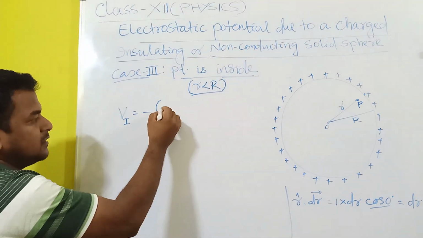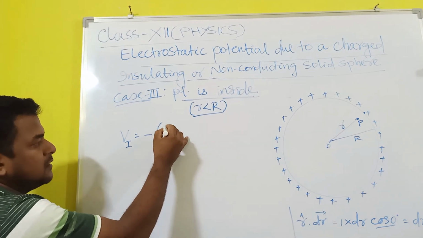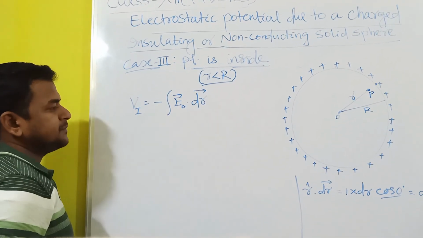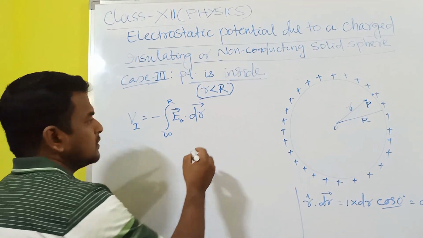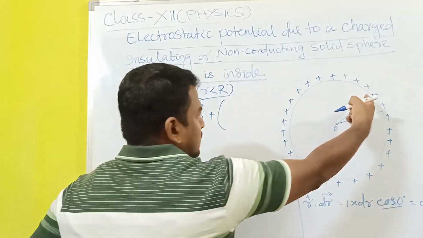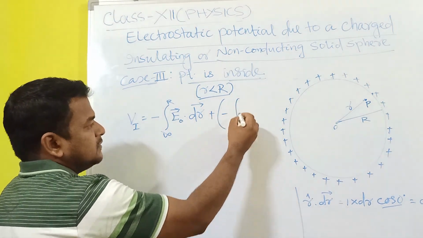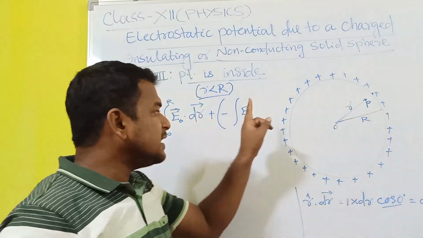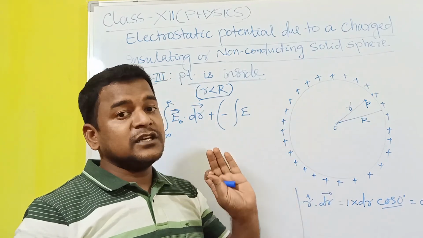Negative integral of E outside dot dr vector from infinity to capital R, plus from capital R to small r minus integration of here electric field inside the sphere, and you know inside the non-conducting sphere there is the electric field.